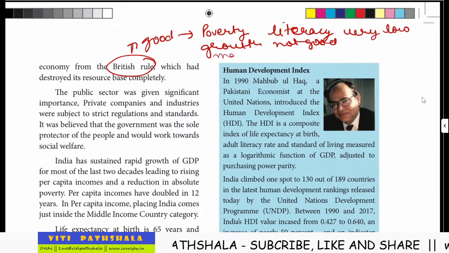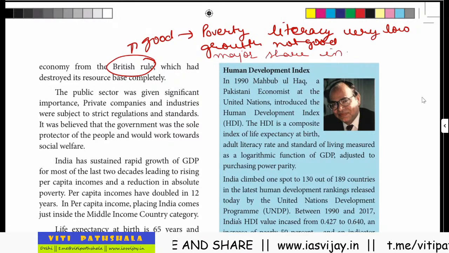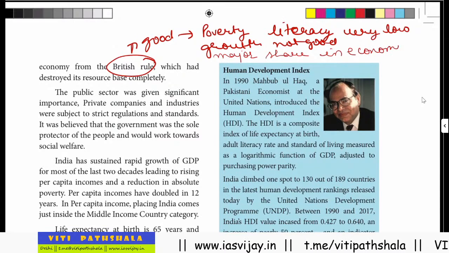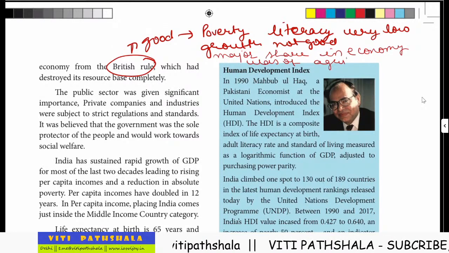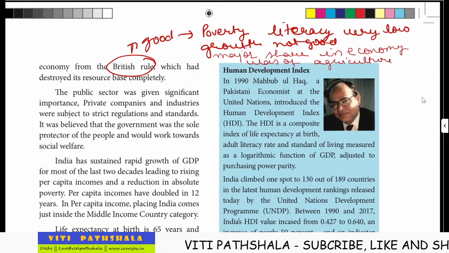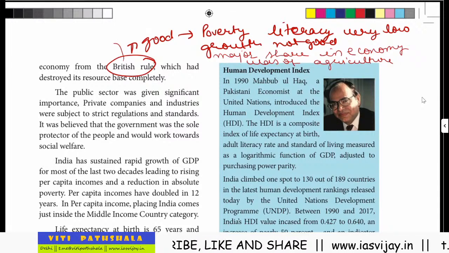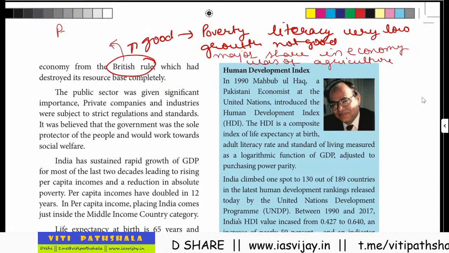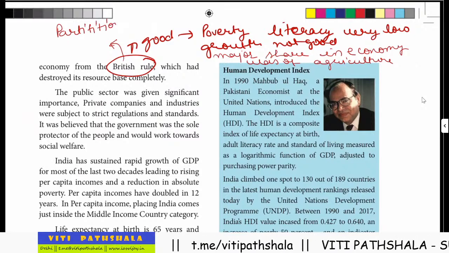Now, the major share in the economy was of agriculture. Whereas if we talk about British rule, the partition was a heartbreak.